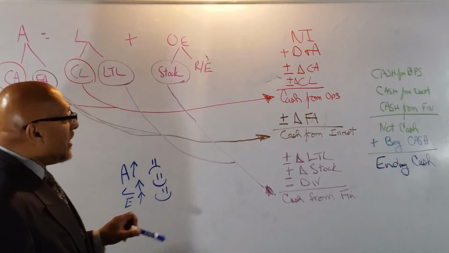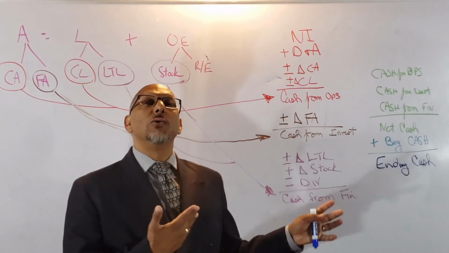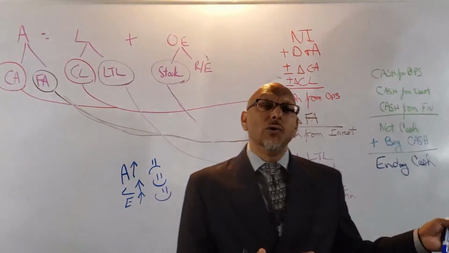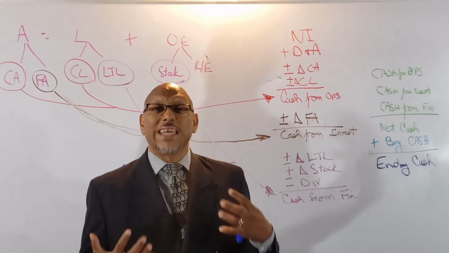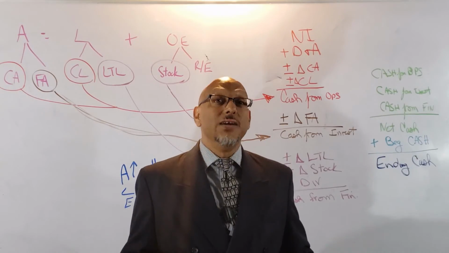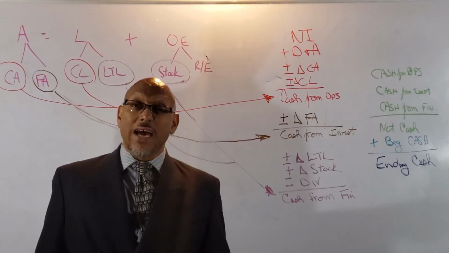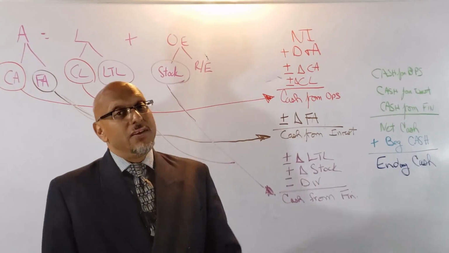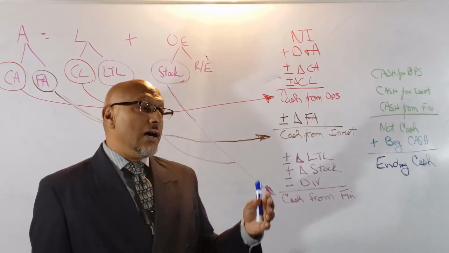The next thing is whether we acquired more fixed assets or did we dispose of fixed assets. If we dispose of fixed assets, that's good for cash flow because we must have gotten cash for it. If you sell a car, you're going to get cash. If you buy a car, you're going to use cash. So cash goes down, your asset goes up, which is the new car.